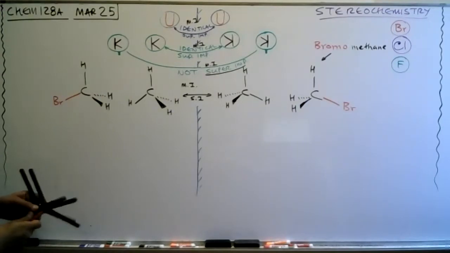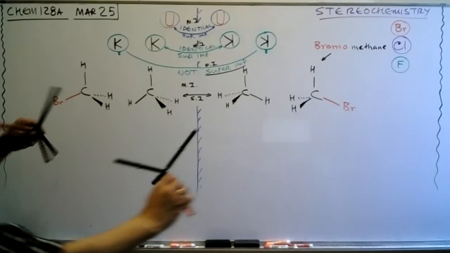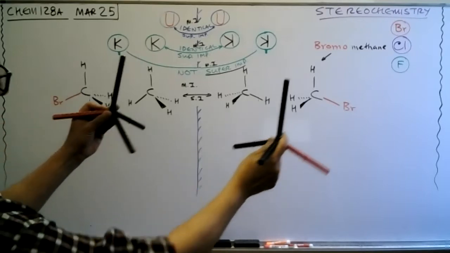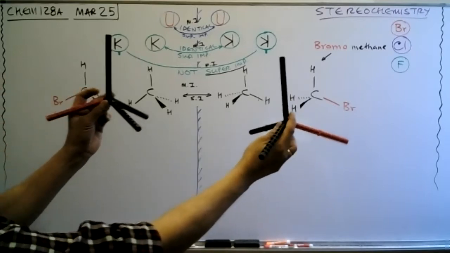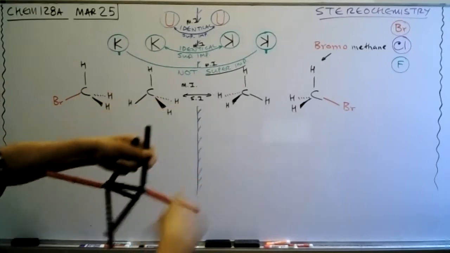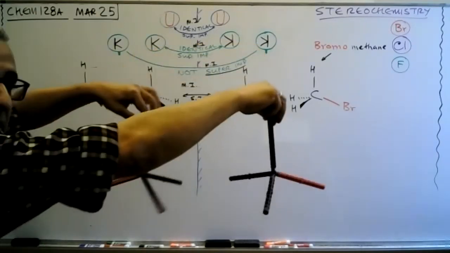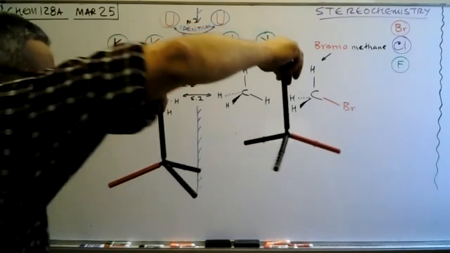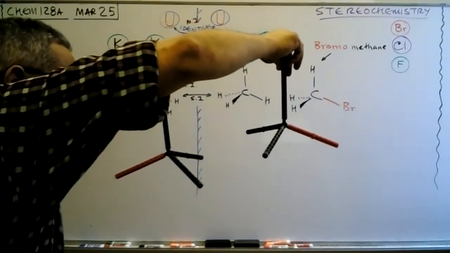I'll show you the models. This is what the models look like. Let me hold it from the top, like I'm hanging, so that you guys can see. This is how they look.